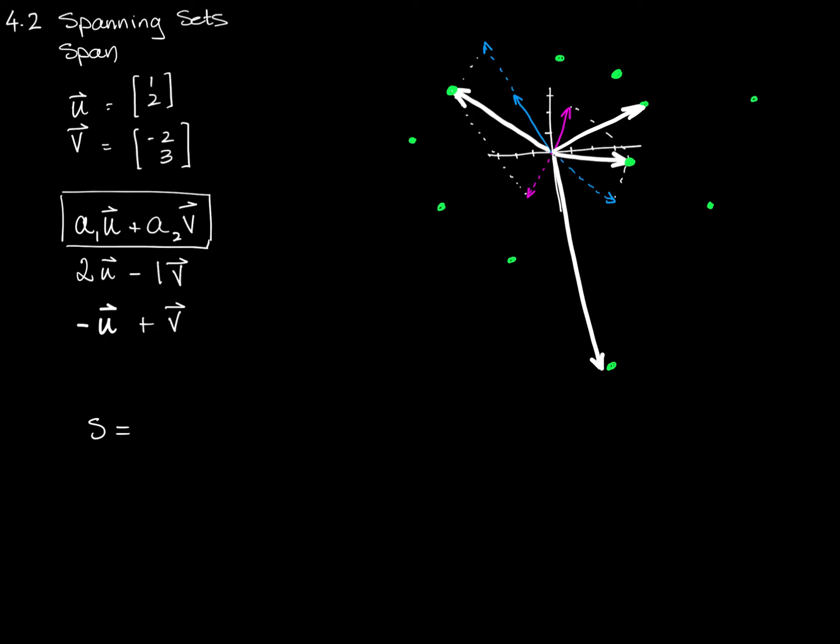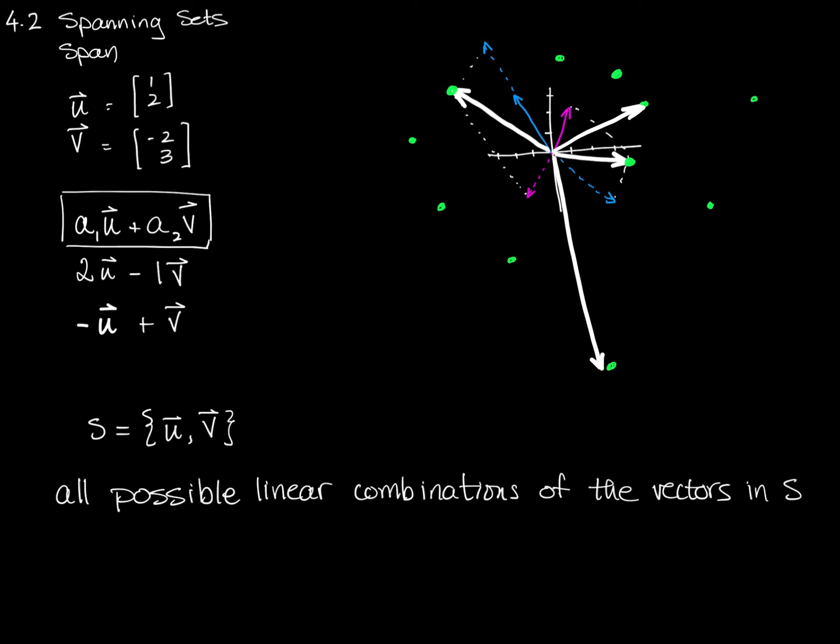Let's call this the set S, the set of these two vectors u and v. And I'm going to say about this set that if I can find all possible linear combinations of the vectors in the set S, then I have what is called the span of S, the span of the set.